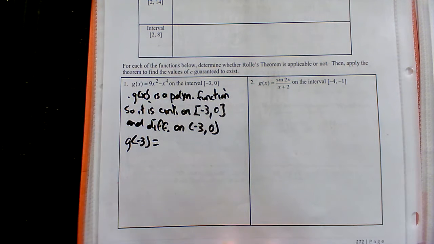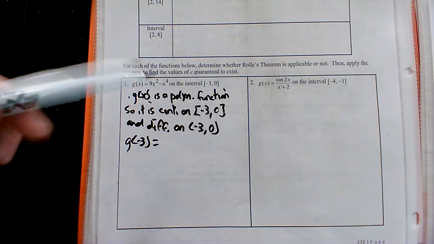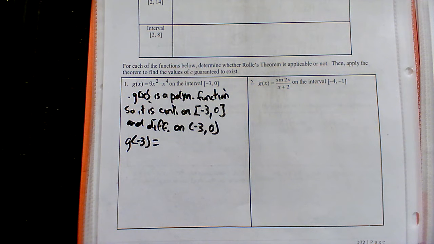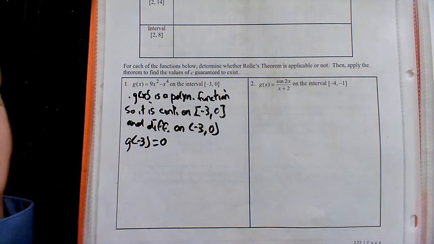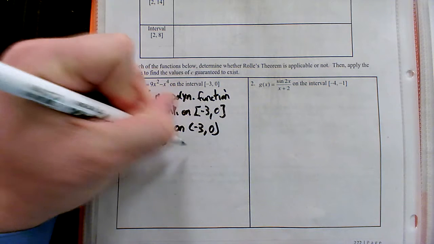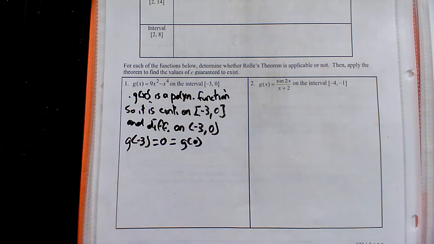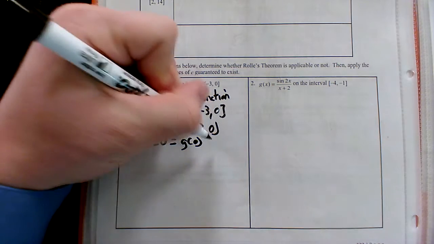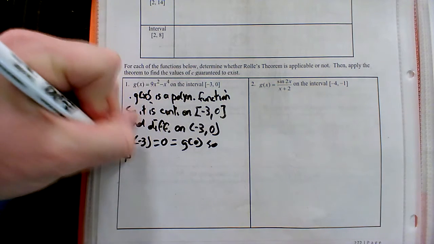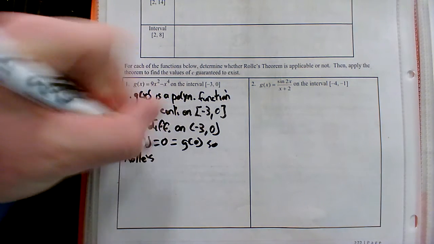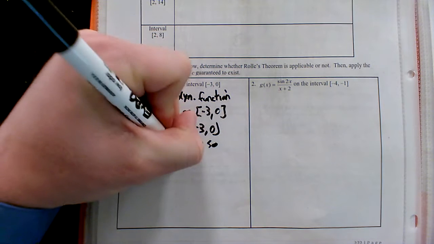Well, let's see, what is g of -3? If you plug in -3 to the original, what do you get as an answer? 0. What if you plug in g of 0? You get 0. So they are equal to each other. So Rolle's theorem applies.